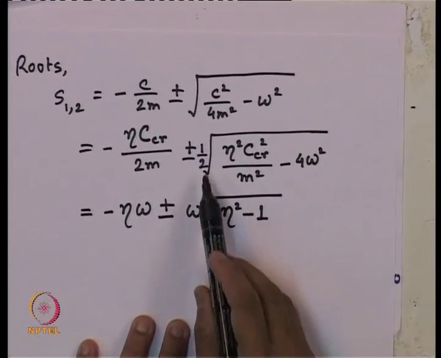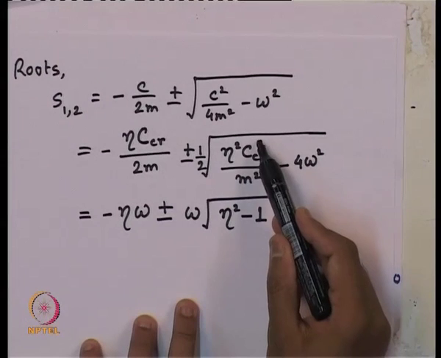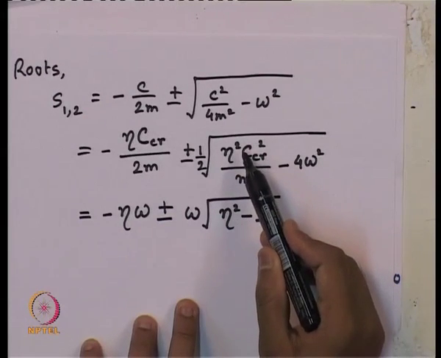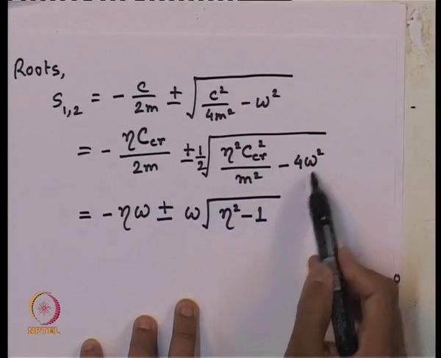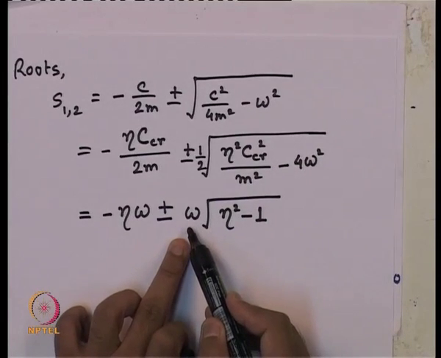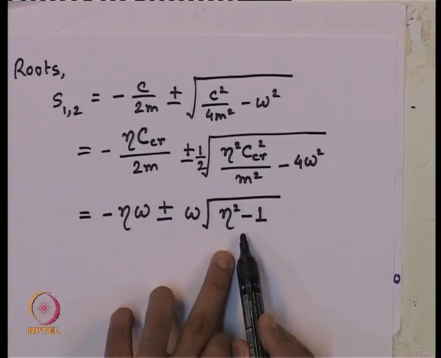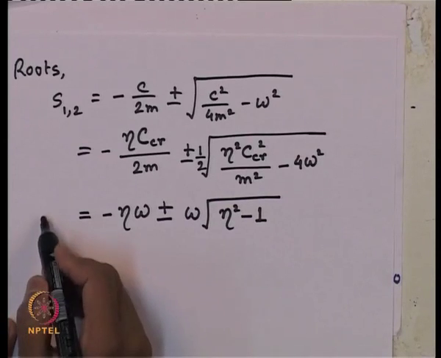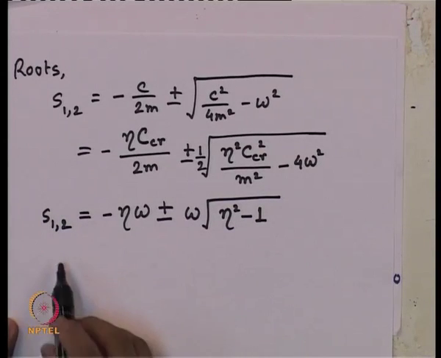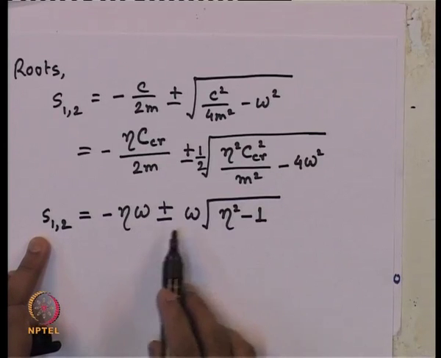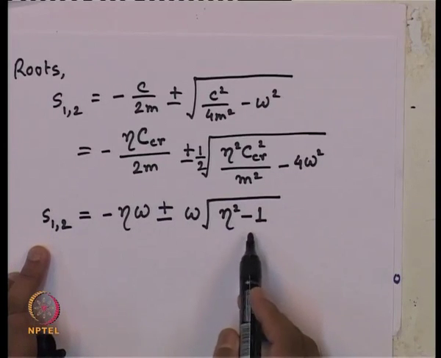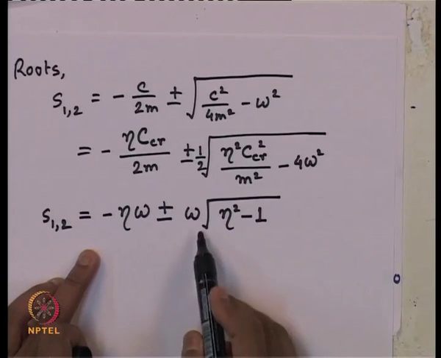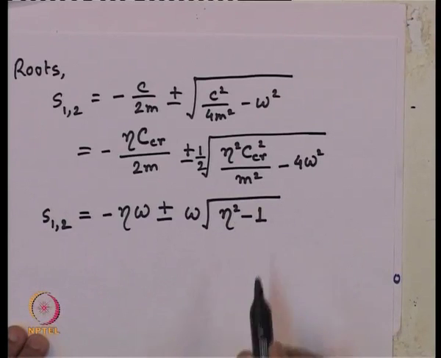Here also, if we take this 2 inside, this term will give us omega square, and 4 was not there. So, omega square if we take out, it will come as omega. So, eta square minus 1, fine. So, this is the solution for 2 roots. One root is minus eta omega plus omega root over eta square minus 1, and the second root is minus eta omega minus omega times root over eta square minus 1.